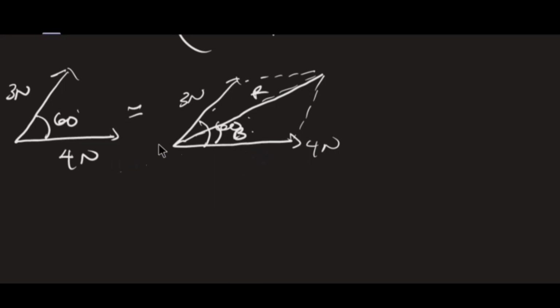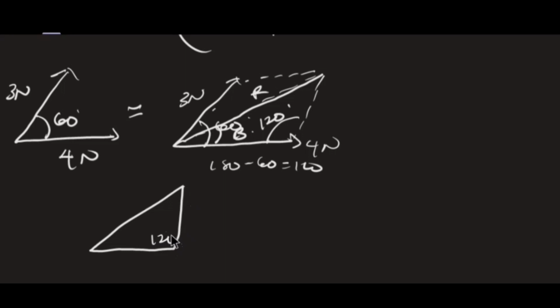So now to find the magnitude of R, I told you that you separate this part of the triangle when you find the angle here. In a parallelogram, the sum of the adjacent angles is 180, so here will be 180 minus 60, and that is 120. So here will be 120 degrees. Then I take that part of the triangle out.